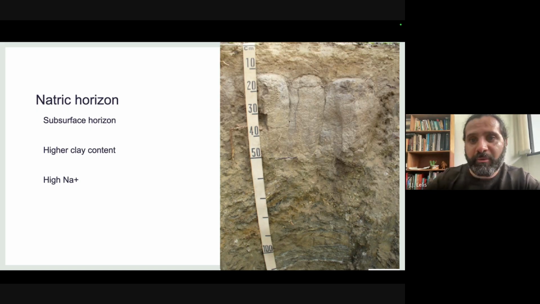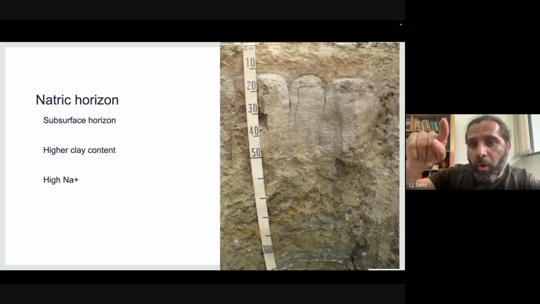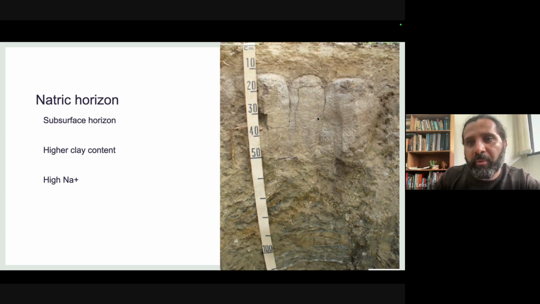Now this clay could migrate according to gravity and water movement. And then the clay starts to migrate from the surface horizons to the subsurface horizon and concentrate at the subsurface, okay? Especially on the top of the peds.